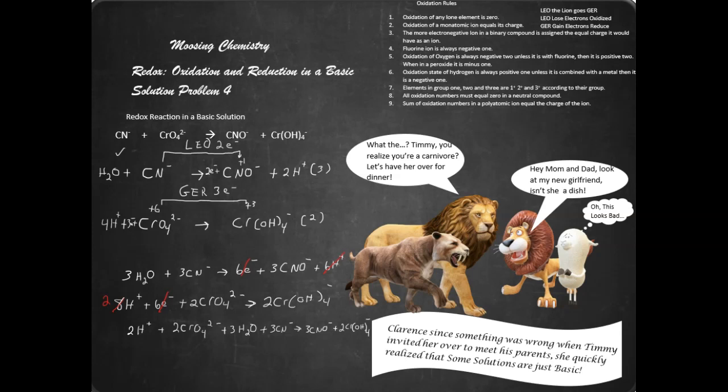add as many OHs that we need to both sides as there are a total of hydrogens. Alright, so over here, we have 2OH. Add to this hydrogen.